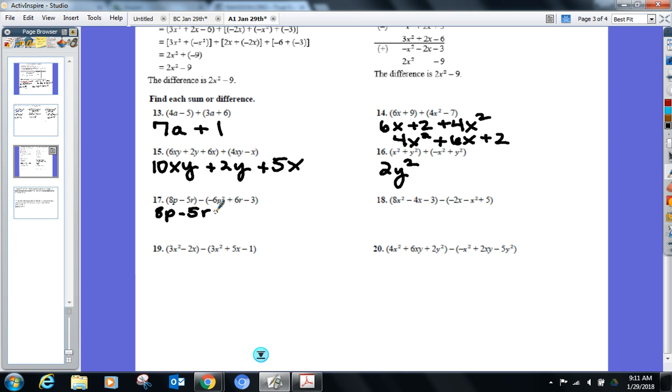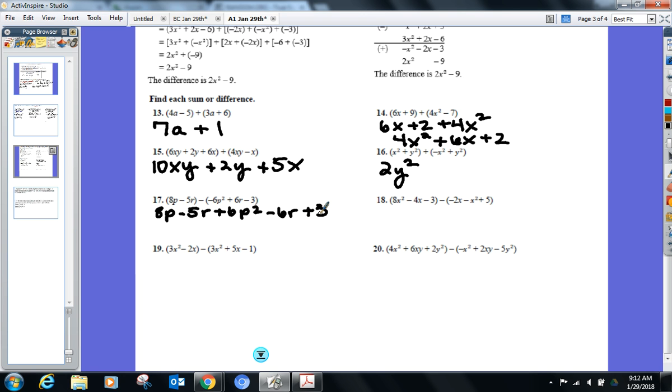Everything, that subtraction sign gets applied everywhere inside. So ready? That negative 6p squared is going to change to positive 6p squared. That 6r is going to change to negative 6r. And how about that negative 3? Okay, you have to watch out for that.